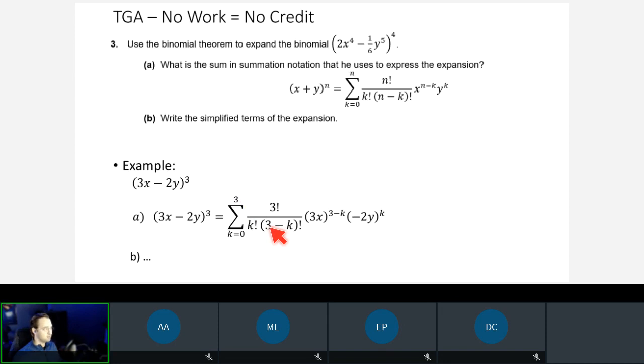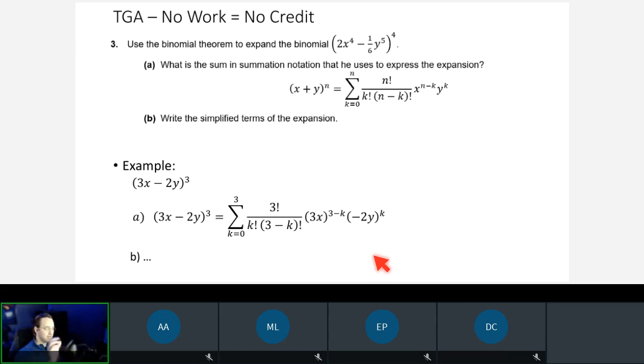So 3 goes here, 3 goes here, 3 goes here. And K stays K. You don't change K, because that's the variable that's actually changing as you add them together. This first parentheses is the first term, 3x. This parentheses is the term negative 2y. That's it. You're just picking up the parts and plugging them in.